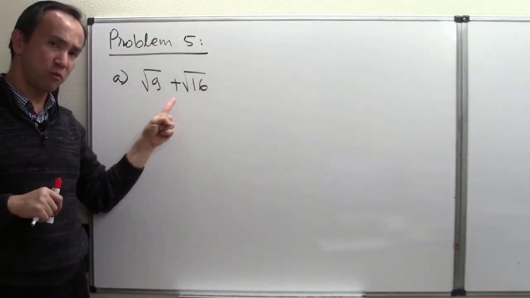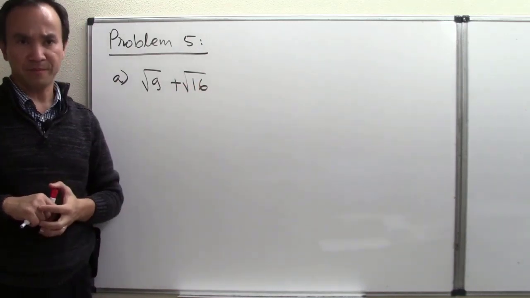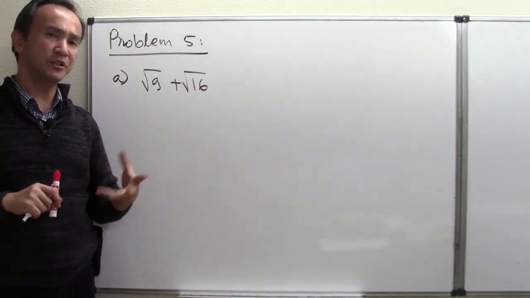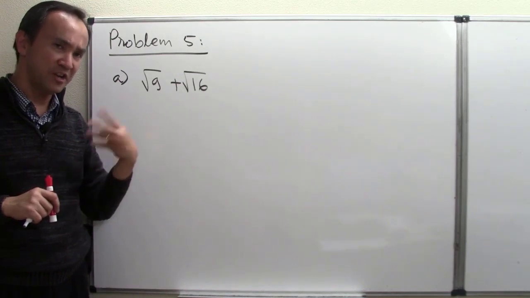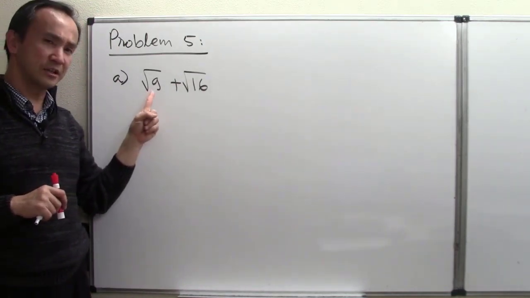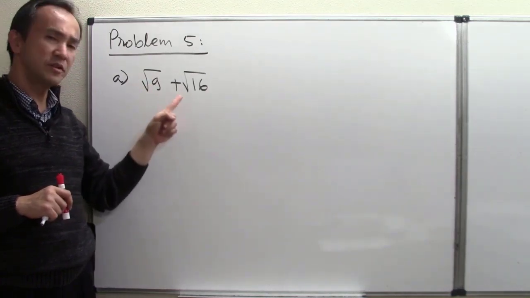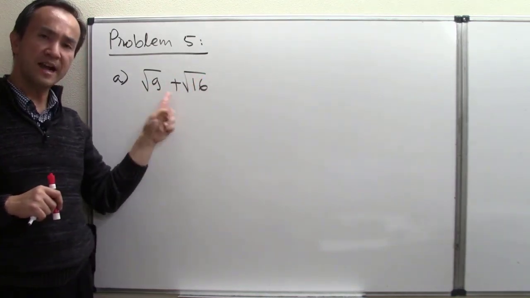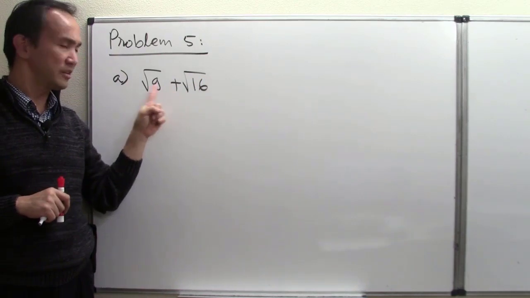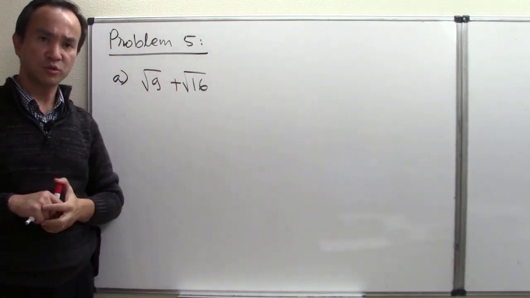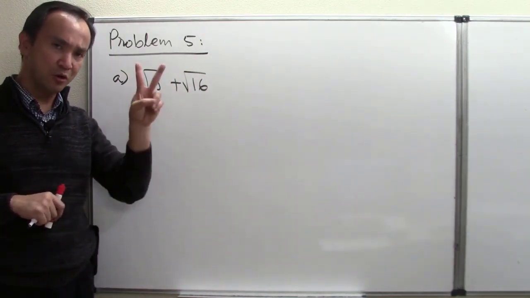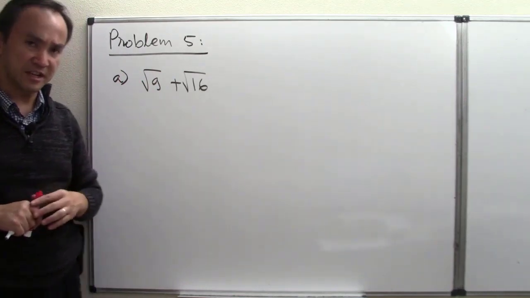As far as computation goes, I see that there are two operations involved in this problem: taking square root and adding.